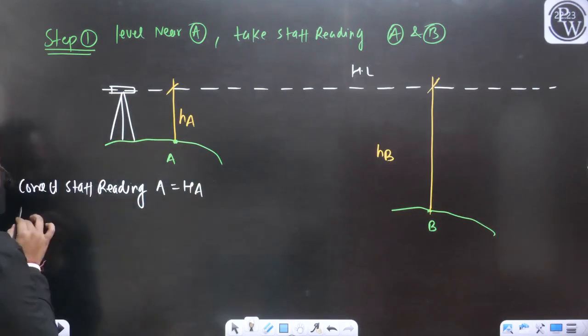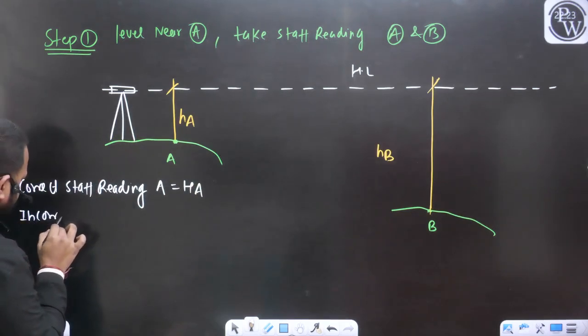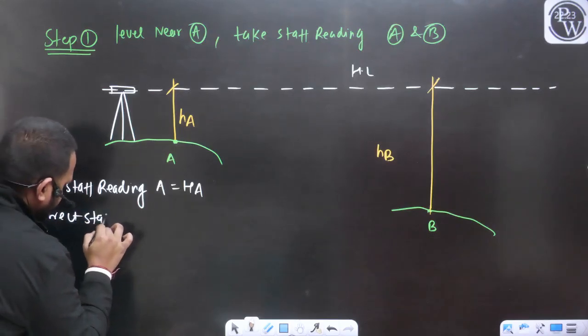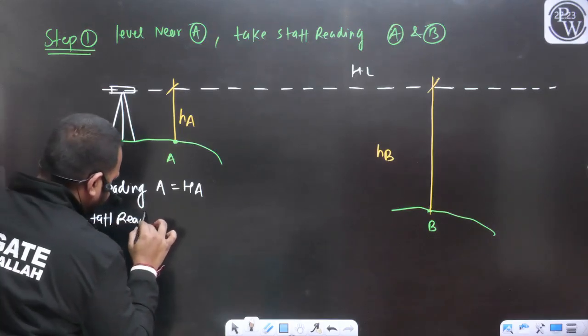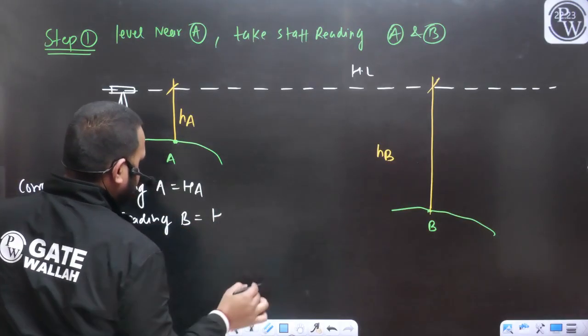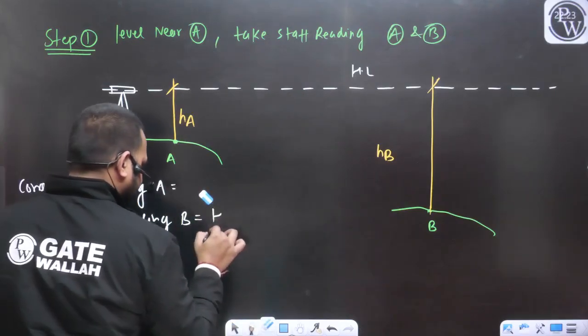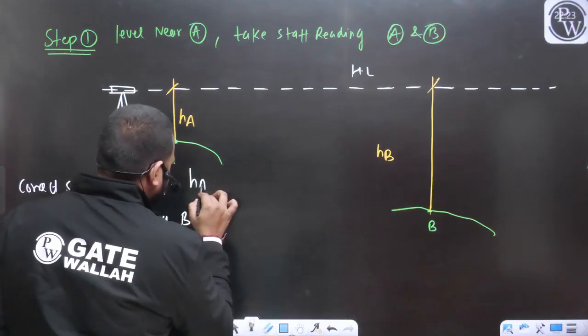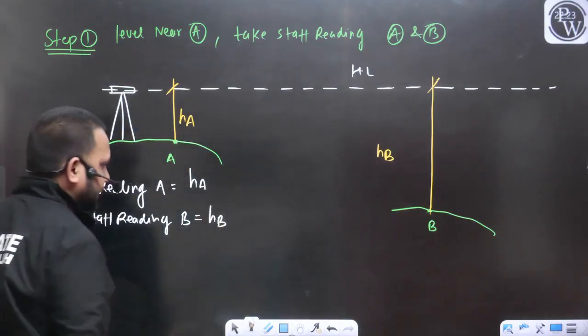Yes or no? The incorrect staff reading at B is going to be HB. This is HA and this is HB.